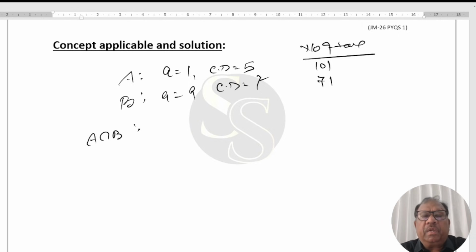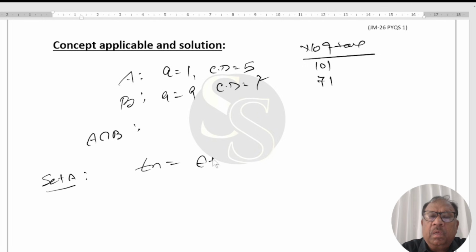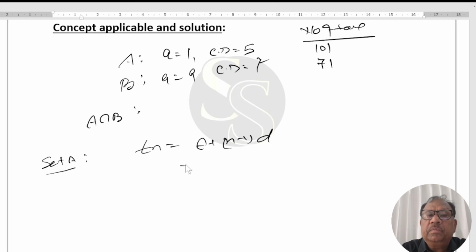First of all, we find the last term of A. It is 1 plus (n minus 1) into D, with n as 101 terms and D is 5.